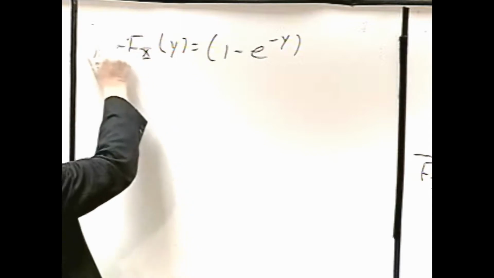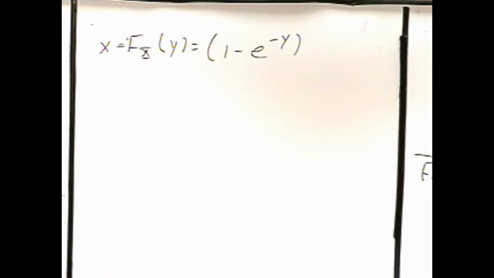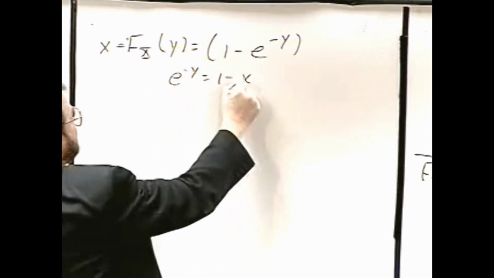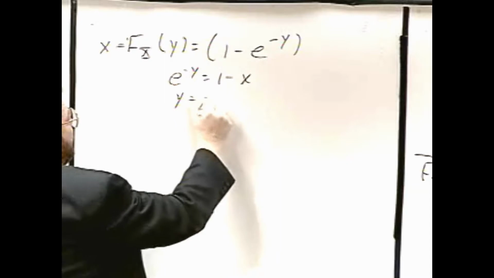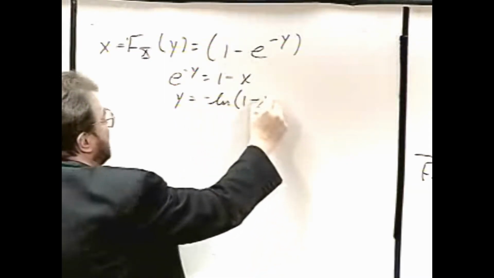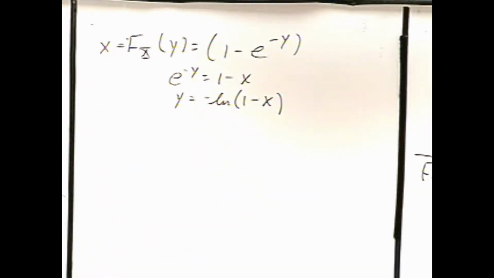So we call this equal to x, and we need to solve for y. So e to the minus y is equal to 1 minus x. So that means y is equal to minus log of 1 minus x if we solve for y here.